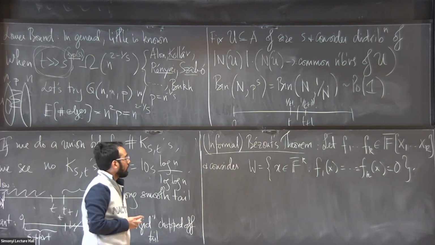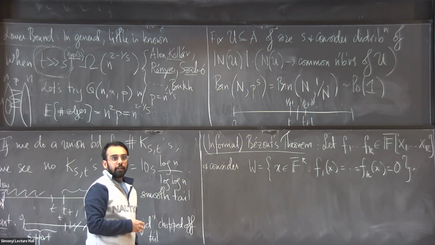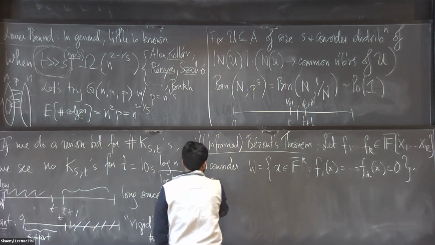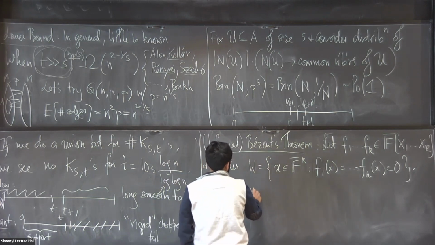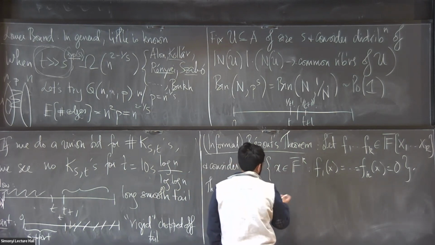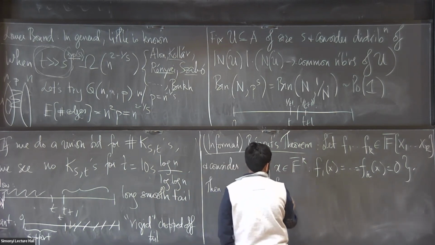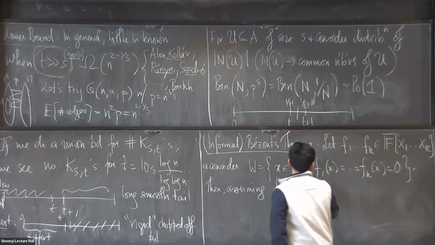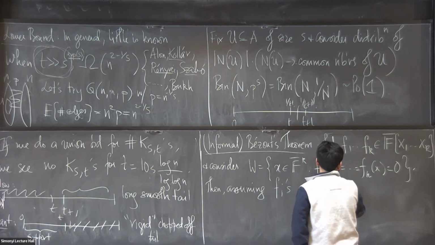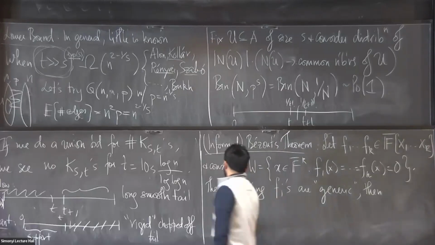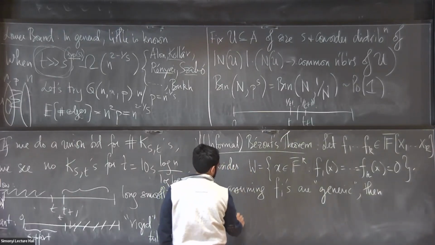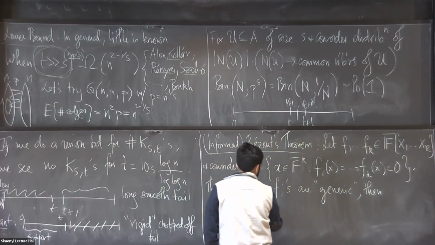Or generically, you'll get a finite number of solutions. Then, I won't go into this assumption in any detail, but assuming that the F_i are generic or in general position, then almost certainly this variety is zero-dimensional, i.e. it's just a finite set.